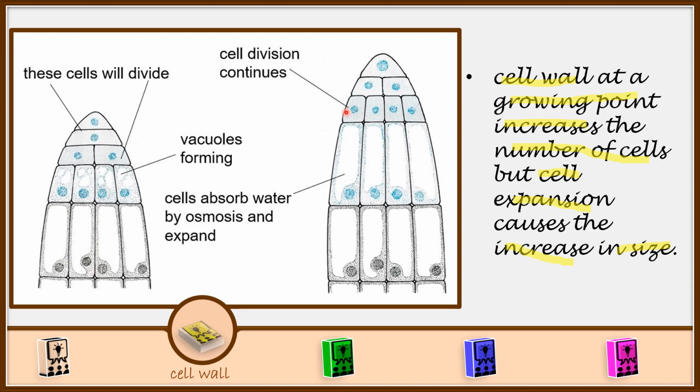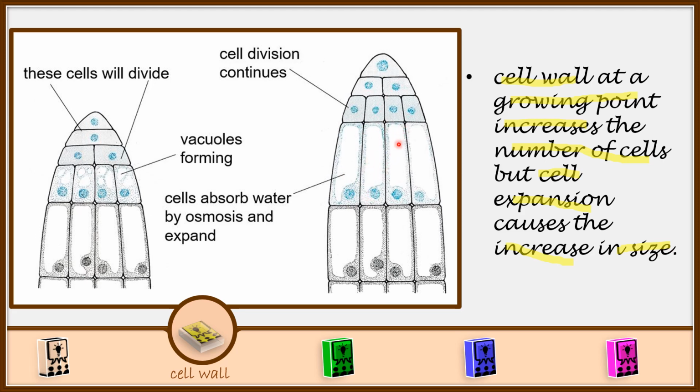But cell expansion is taking place here, where the vacuole absorbs water by osmosis and it expands. As the cell receives pressure from the cell vacuole, the cell increases in size.